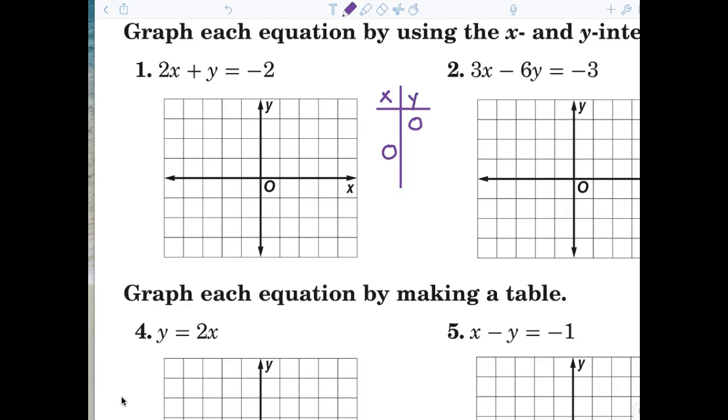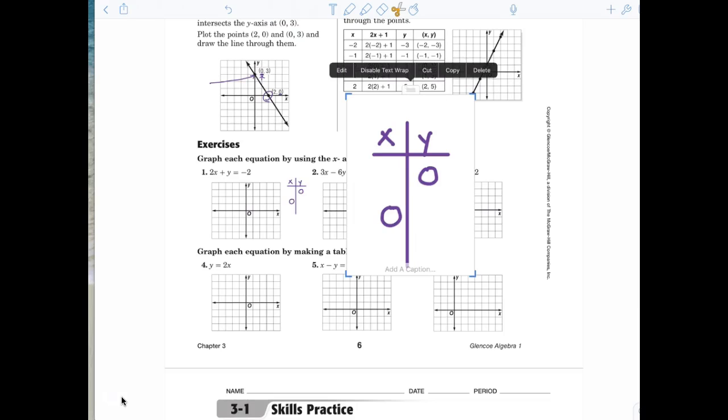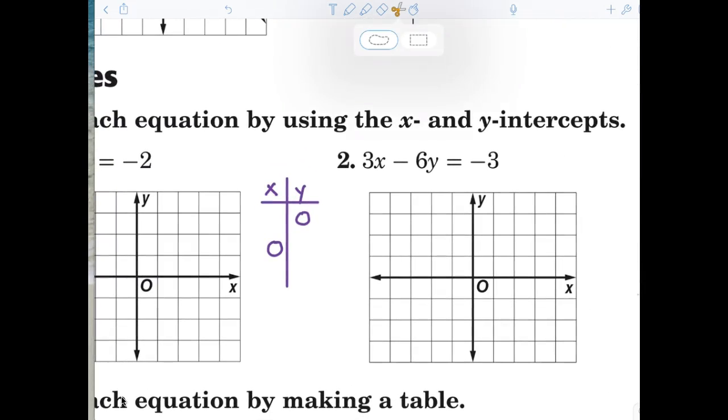All right, now watch. I love Notability for this. Copy. Paste. Uh-oh. Hold on. Let me do it again. This is what I want you to make sure you know.